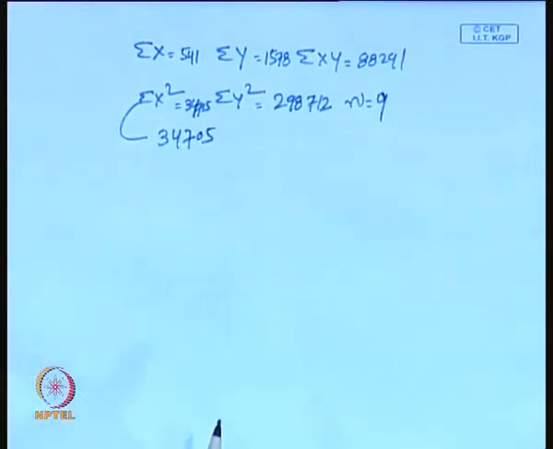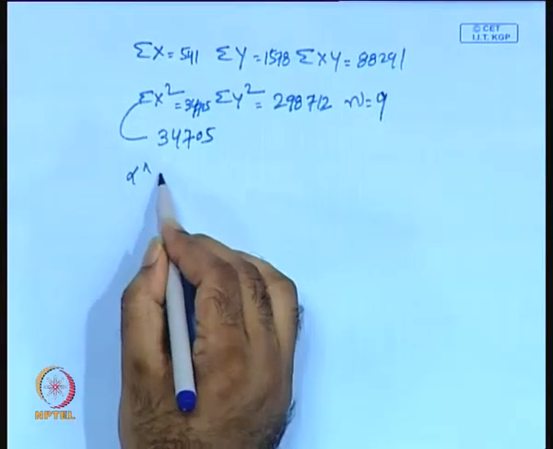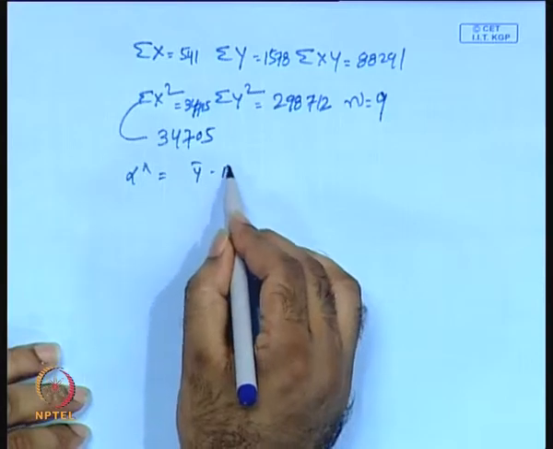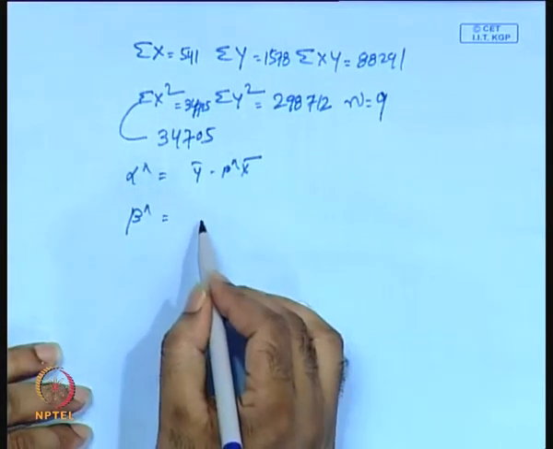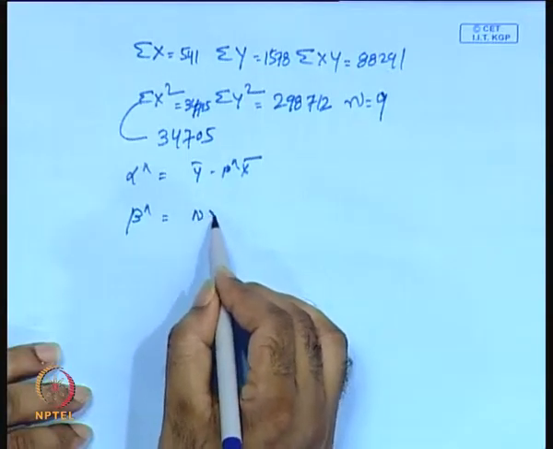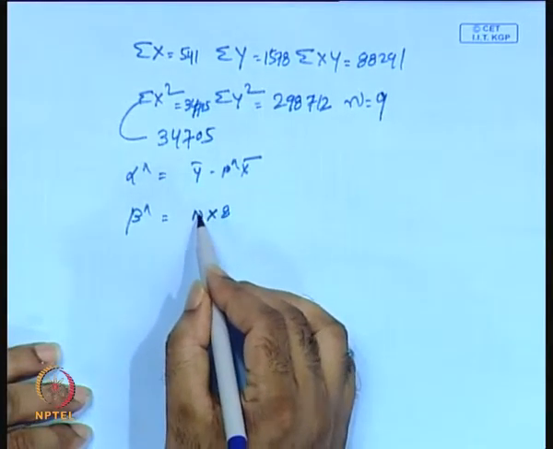Okay. Now we would like to know alpha hat equal to y bar minus beta hat x bar. Let us start with beta first. So, beta hat equal to n summation x y, where n is 9 here.